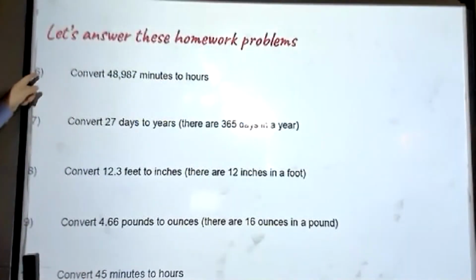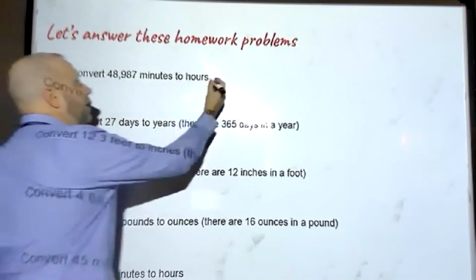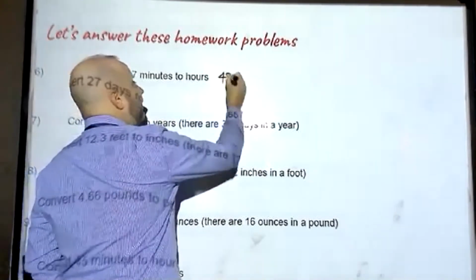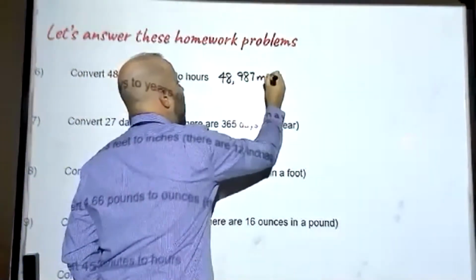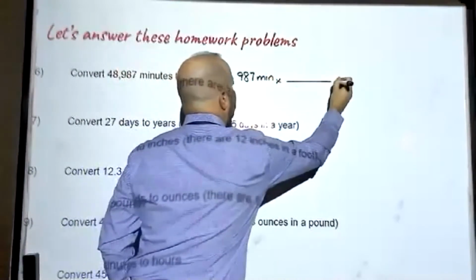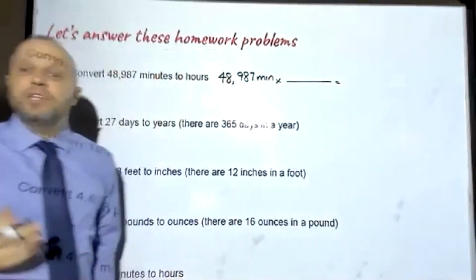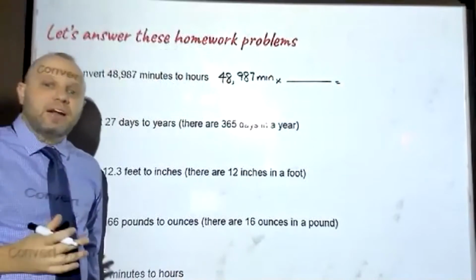So problem number 6, you'll see that we had 48,987 minutes, and we wanted to convert that into hours. So I have 48,987 minutes. Because the unit I have is minutes, I'm going to put that on the bottom.